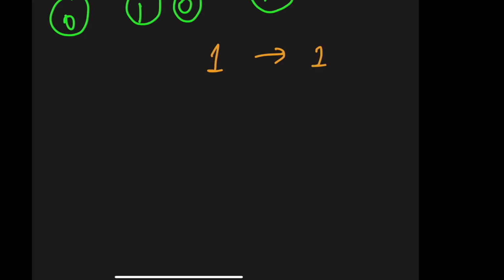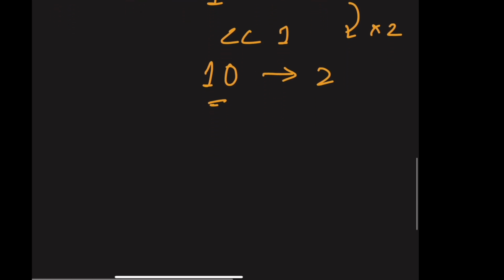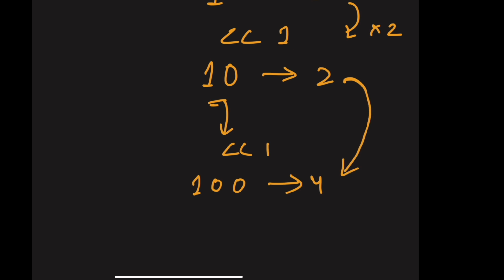When we do the left shift by 1, we add a digit over here, so it becomes 2, which is a double, so you're multiplying by 2, right? Similarly, if we do a left shift by 1 on this binary, it becomes 100, which is 4. So you see, it is getting doubled.